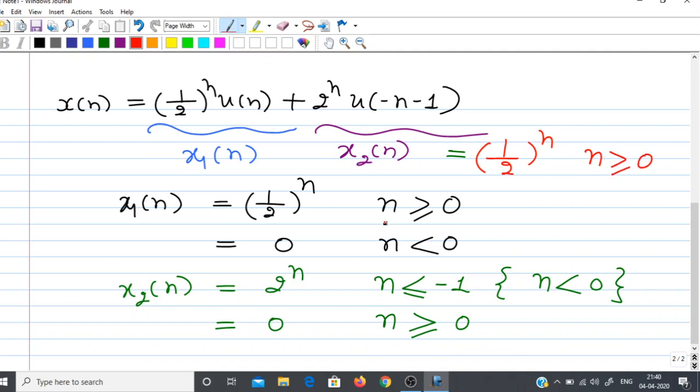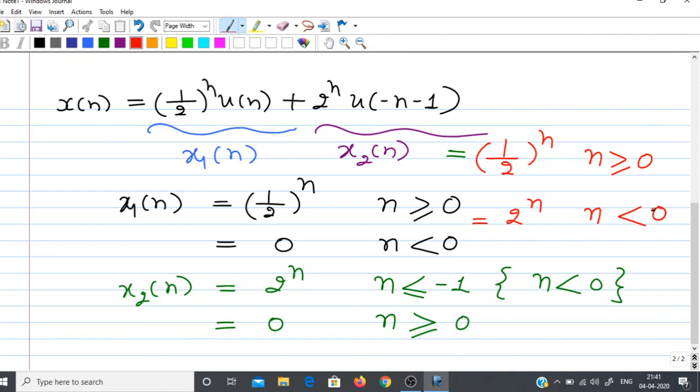Now, for n strictly less than 0, x1[n] is 0, whereas x2[n] is non-zero. So if you add these two sequences for n less than or equal to minus 1, you will get 2 to the power n for n less than 0.